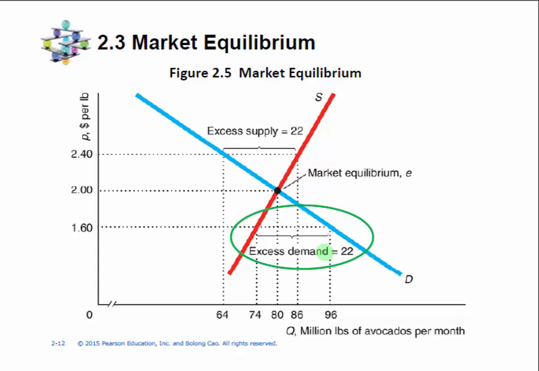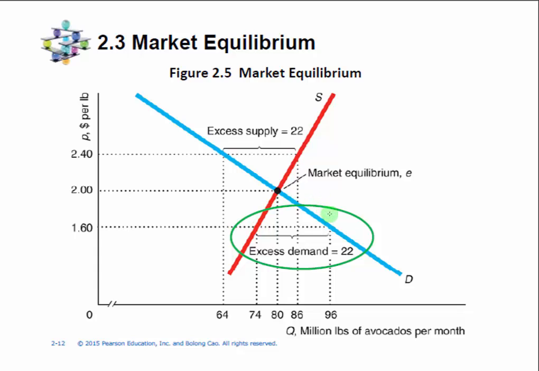And what people will do, they will compete to buy avocados at this ultra low price, and perhaps they will offer a higher price, right? They want to get the avocado as long as it's still below $2, and they still see the avocados in the supermarket gone pretty fast. And the suppliers also learn, all right, we can sell our avocados at a higher price and the people still want it.